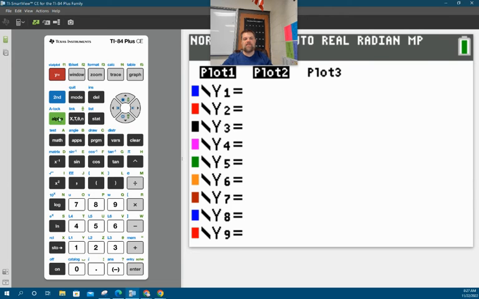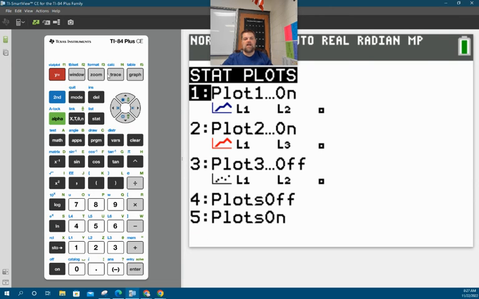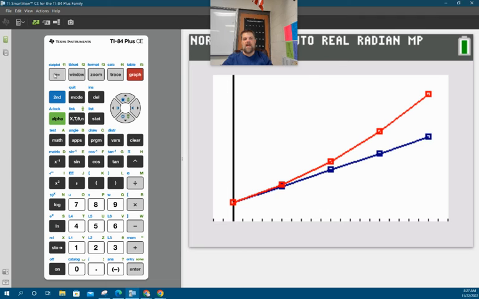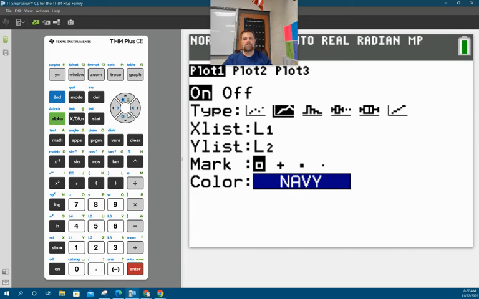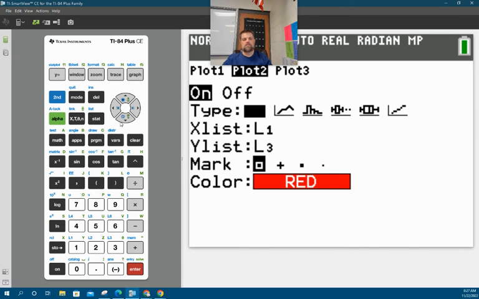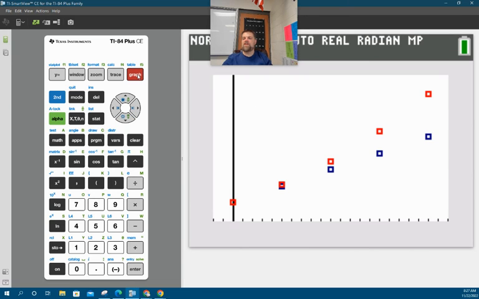Why did we graph it like this as opposed to why did we graph it with the line instead of that? Well, because the money is going to continue to grow over time.